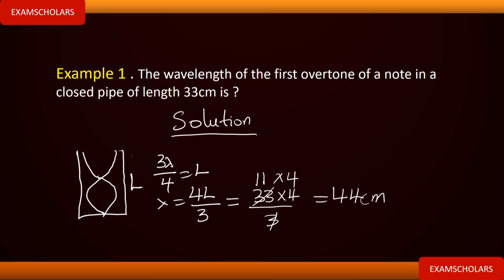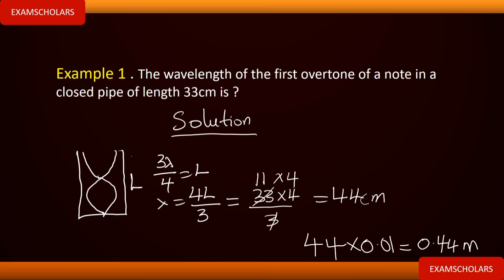So you have 44 centimeter. Now you need to convert your centimeter to meter in SI unit. Centimeter is 0.01. So you now have 44 times 0.01, which is equal to 0.44 meter.